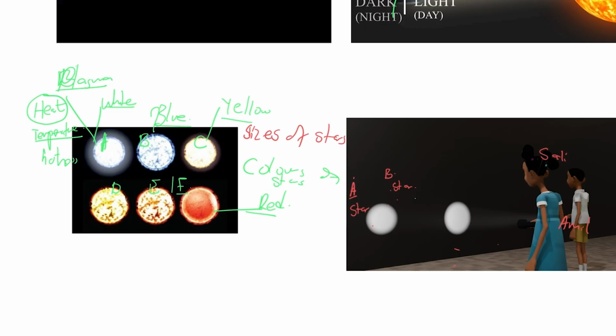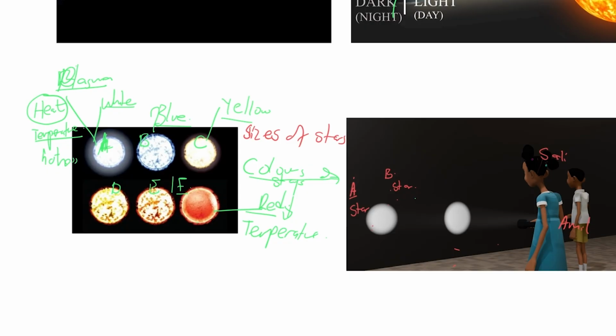Now, stars do vary in colors simply because of their differences in temperature. White stars appear hotter than red stars.